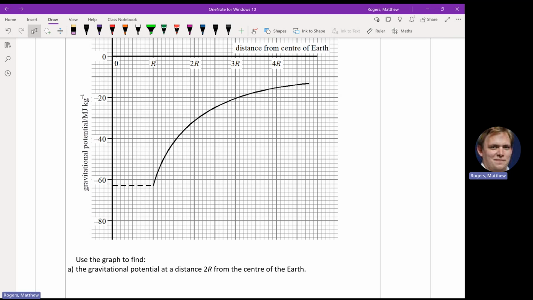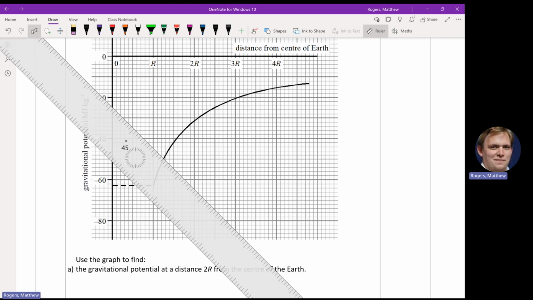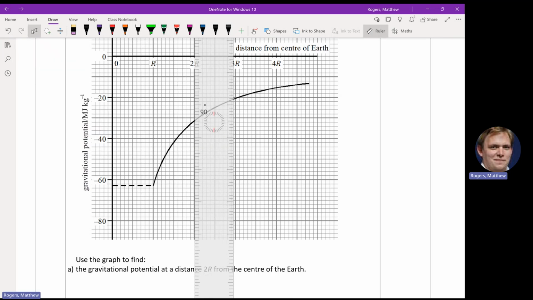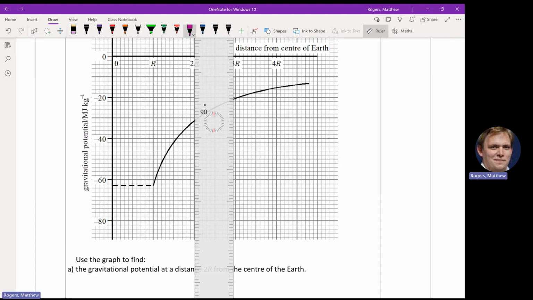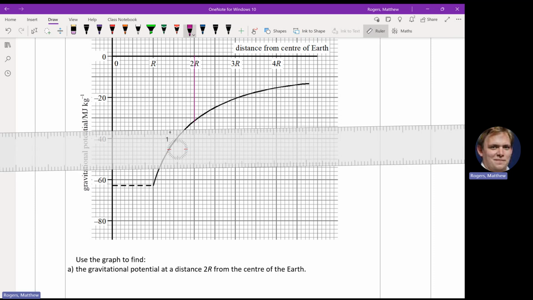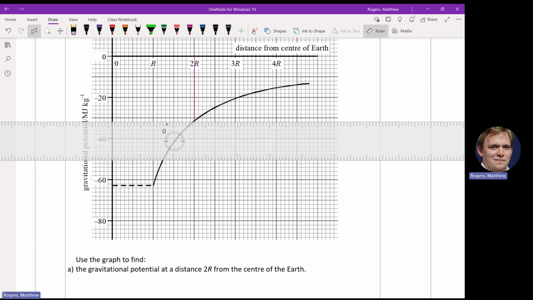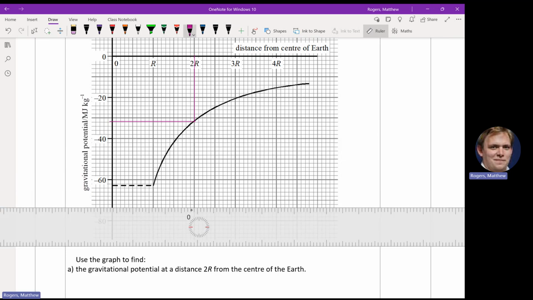Okay, we're going to draw quite a lot of lines on here, so we'll try to use a different color each time and maybe a fairly thin pen so that we keep as much of the information as possible. So at 2r, we're going to come down and across. Obviously, judging the intersection of lines isn't great, but we're only going to say we know this to the nearest whole square anyway.